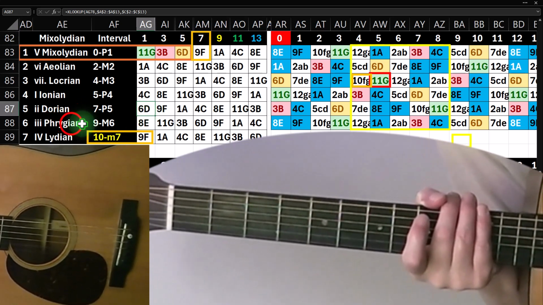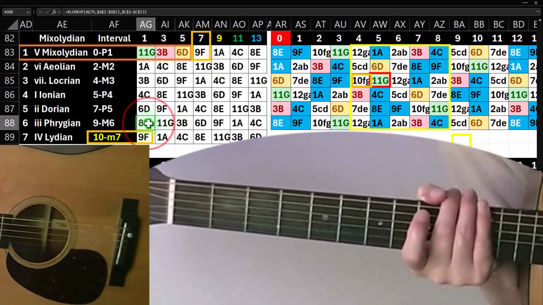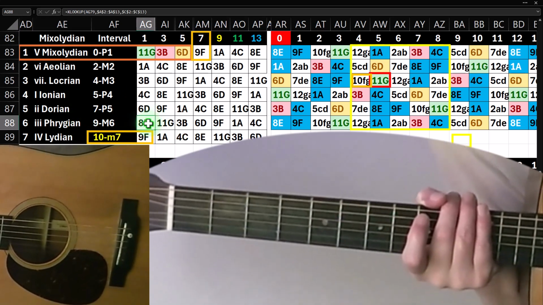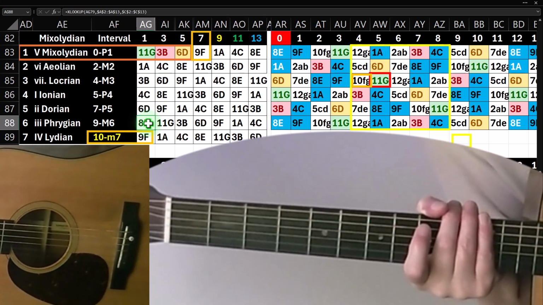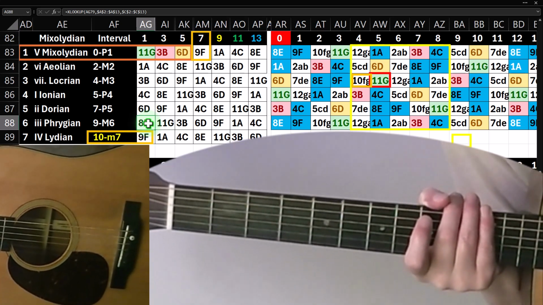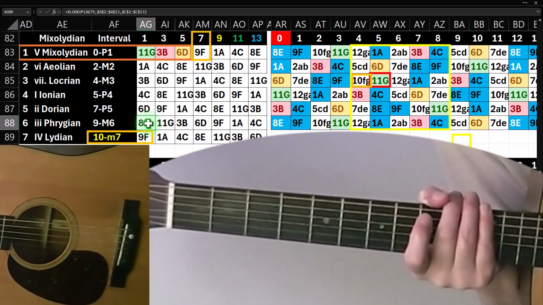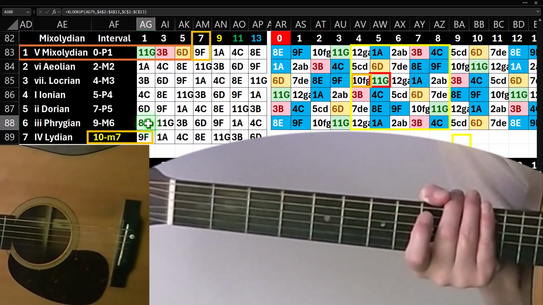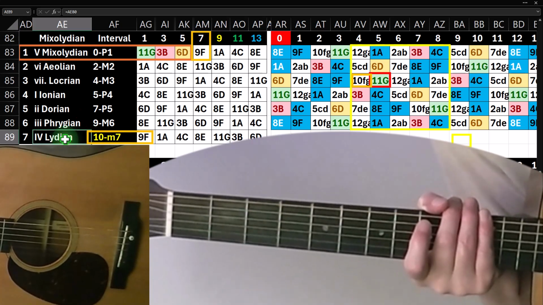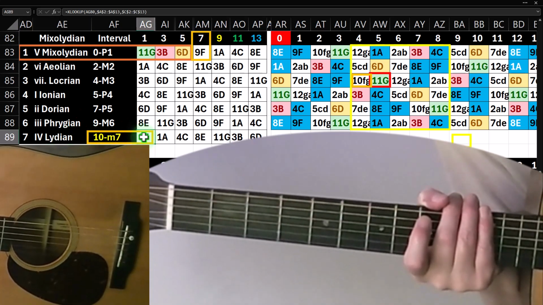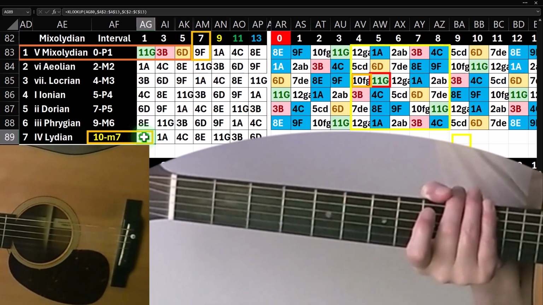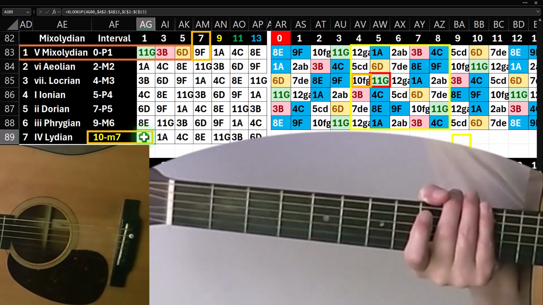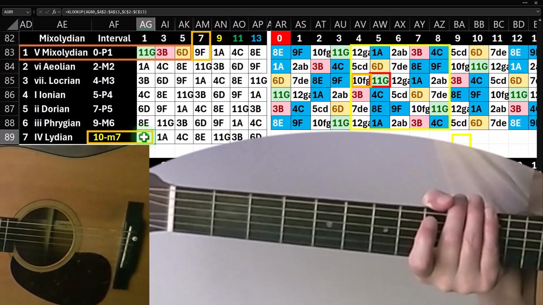If I converted this Phrygian from an E Phrygian to an E minor, then I can think about all the other related modes to an E minor. If I convert the Lydian, the F Lydian, to an F major, then I can ask, what are all the other modes that are relative to the F major?